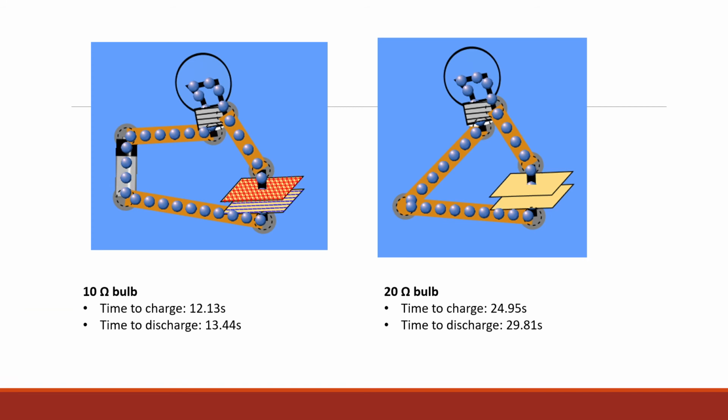In the last section of the lab, I have constructed an RC circuit using a 10 ohm bulb, a 9 volt battery, and a 200 mF capacitor. When I first connect the battery to the capacitor and the bulb, I observed that the bulb lights up and then dims down.